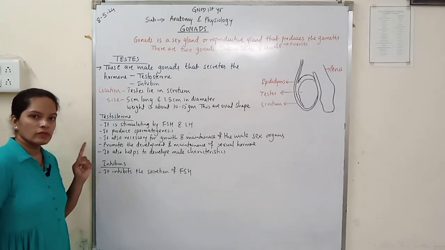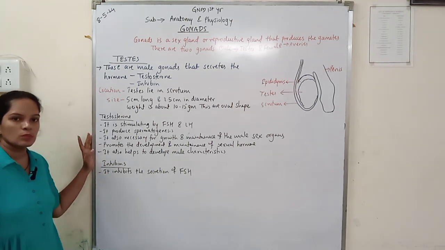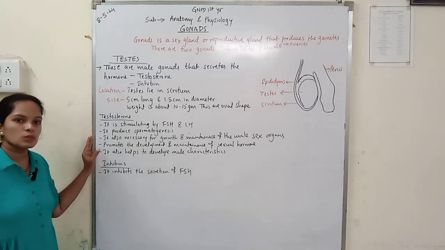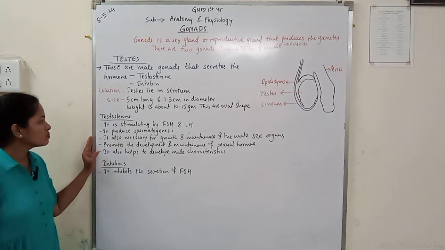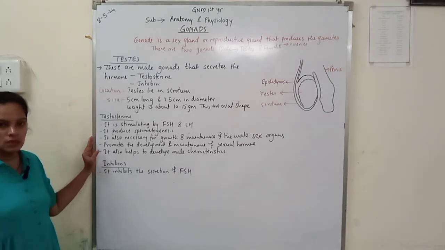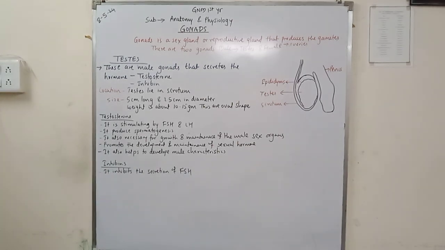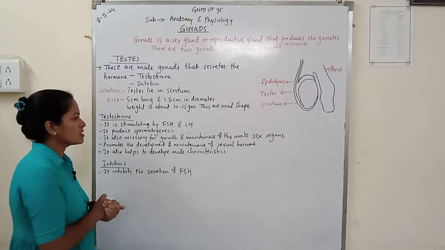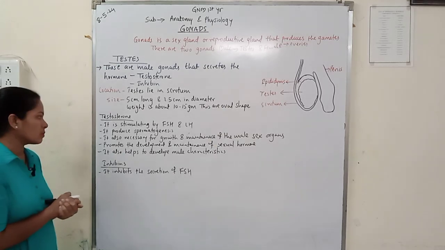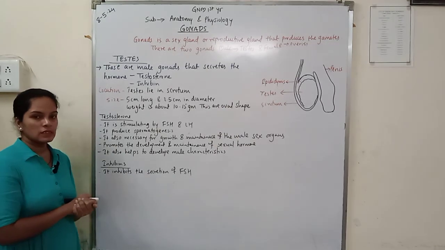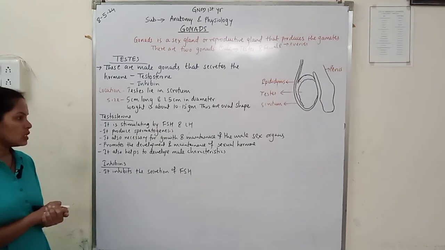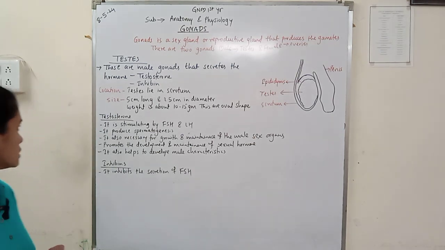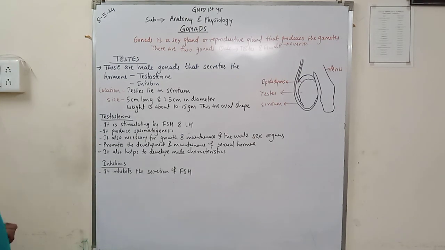By stimulating by FSH and LH, that is follicle stimulating hormone and luteinizing hormone, and it produces the spermatogenesis, means sperm produce करने का काम करता है, and it also helps for necessary growth and मेंटेनेंस ऑफ मेल सेक्स ऑर्गन. ये क्या करता है? जो मेल सेक्स ऑर्गन है उनके ग्रोथ एंड मेंटेनेंस का काम करता है. इट प्रमोट्स द डेवलपमेंट एंड मेंटेनेंस ऑफ द सेक्सुअल कैरेक्टरिस्टिक्स. ये क्या करता है? सेक्सुअल कैरेक्टरिस्टिक्स का डेवलपमेंट और मेंटेनेंस प्रमोट करता है.